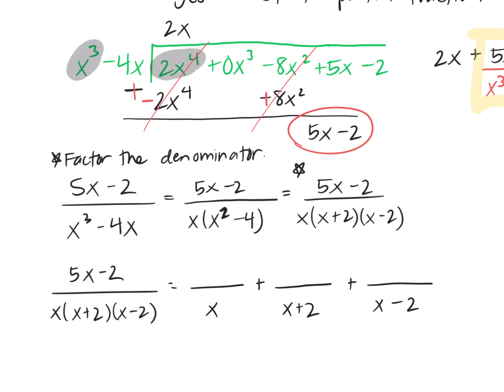But I don't know what's going to be on the top, so we need to give it some variables. Instead of giving it x's and y's, because we've already got x's there, we're going to give it alphabetical letters starting at A, and then we'll use as many as we need. So I'm going to use A here, B for my second term, and C for my third term.